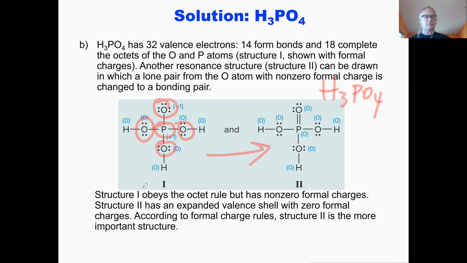So this isn't something you need to worry a whole lot about, because either one is legitimate. But just know that when you're drawing these things, if you can come up with a structure that is completely symmetrical, that is probably going to be the proper structure that actually occurs in nature. Anyone have any questions about that?